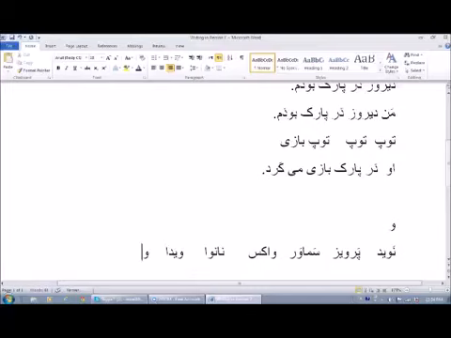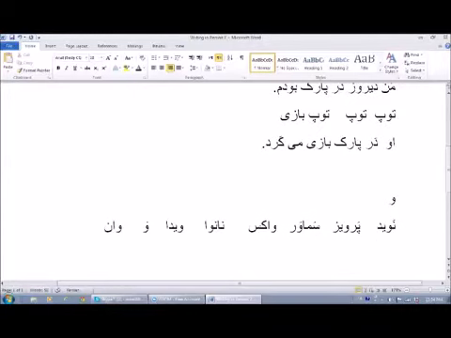Now, a very simple one: va. Va means and. Van, one syllable. They are all written separately, because this is non-connective. Van is a tub in the bathroom.